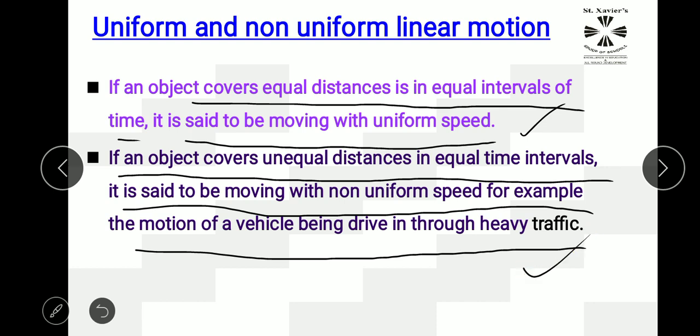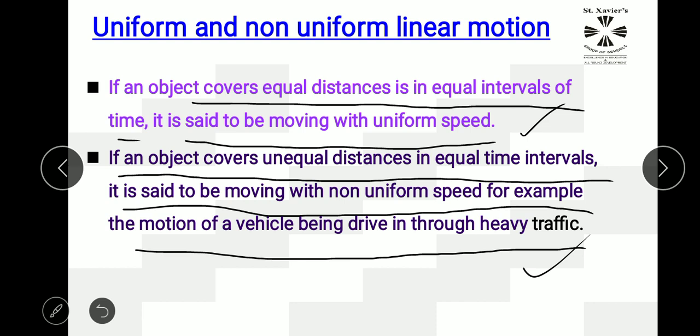When we are traveling through heavy traffic, we always take care that someone may come in front of us, and that's why you always hold the brake and accelerator and use them. So when you are increasing and decreasing speed, using the brake continuously, the speed is called non-uniform speed, and this is an example of non-uniform motion, students.